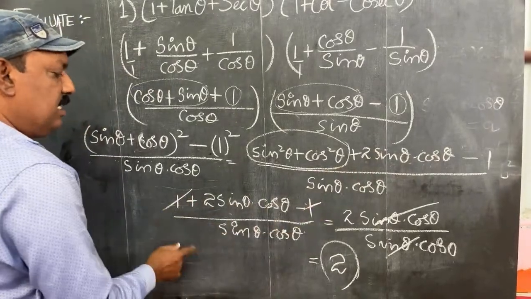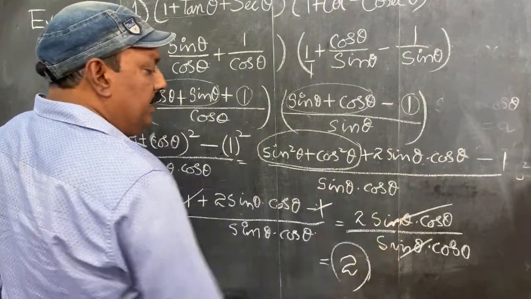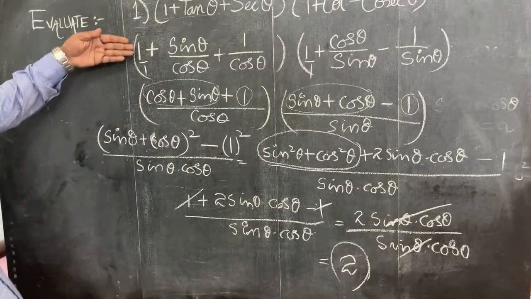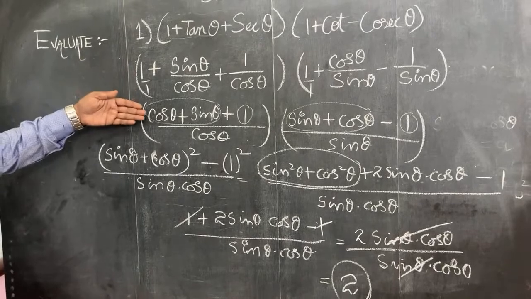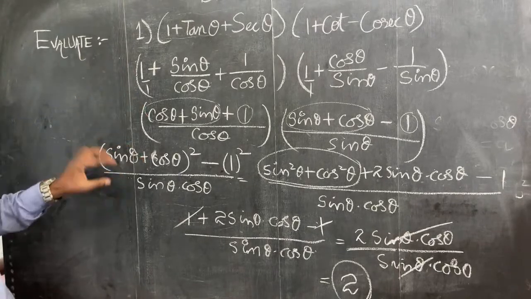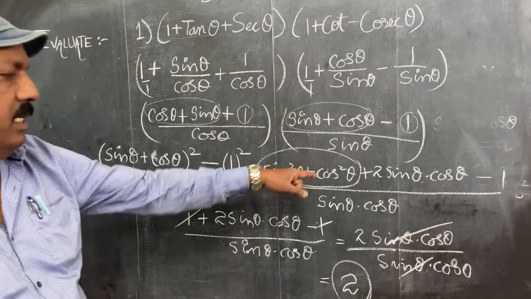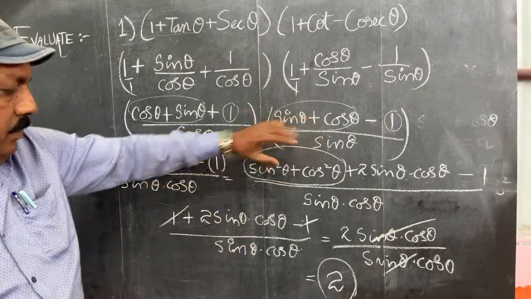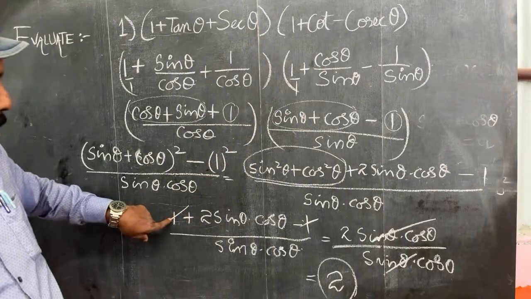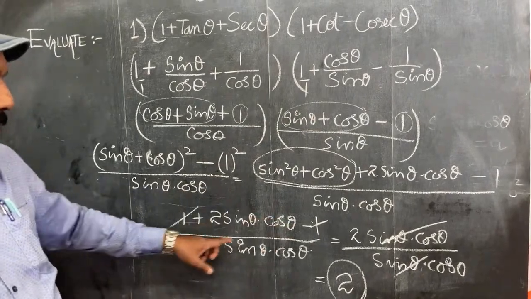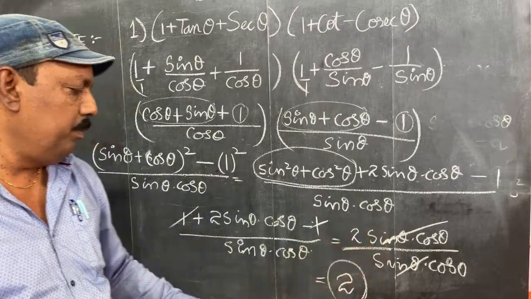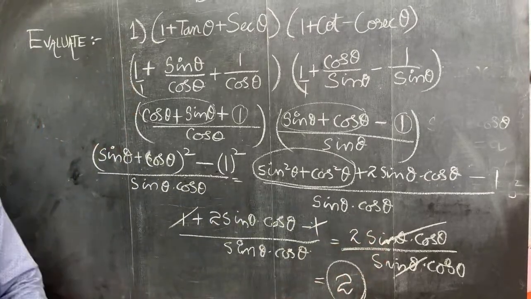Plus 1 minus 1 cancel. Left over is 2 sin theta and cos theta. Note down clearly: step 1, step 2, step 3. The a plus b expansion, this is replaced by identity, plus 1 minus 1 cancel. Left over is 2 sin theta and cos theta. Sin theta and cos theta both are going to get cancelled. Left over is 2.